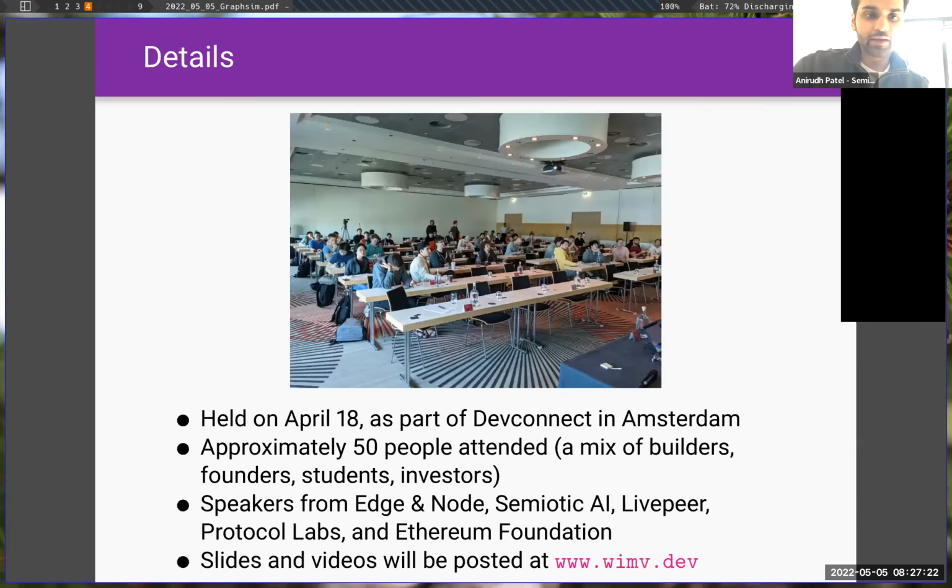It was held on the 18th of April as part of DevConnect in Amsterdam, and we had approximately 50 people attending. There was a good mix of investors and founders, builders, students, developers, ML people, economics people. So quite a variety there. And then we had speakers from Edge and Node, Semiotic, LivePeer, Protocol Labs, and the Ethereum Foundation.